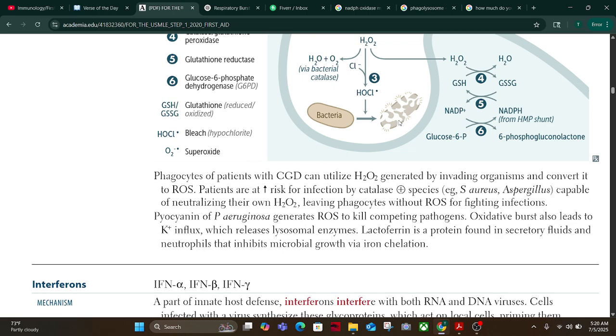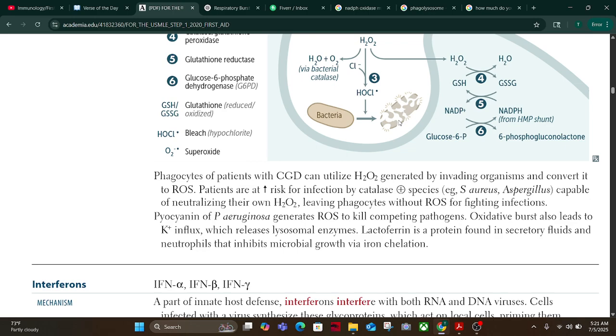This forms a phagolysosome. So inside the neutrophil, you have a phagosome and you have a lysosome. After the phagosome eats the bacteria, the phagosome fuses with the lysosome to form a phagolysosome, which is inside the neutrophil. Respiratory burst happens inside this phagolysosome.